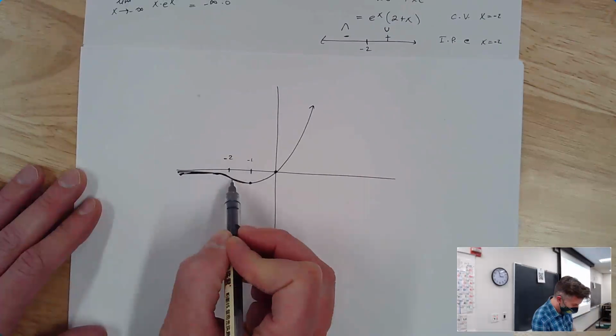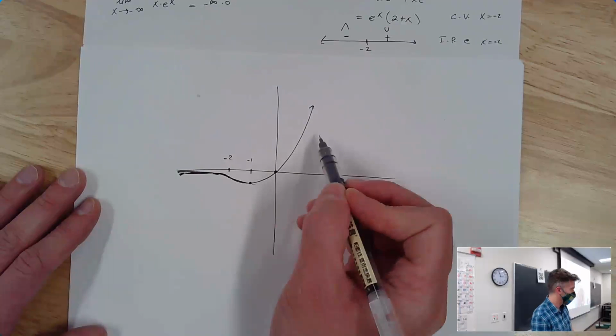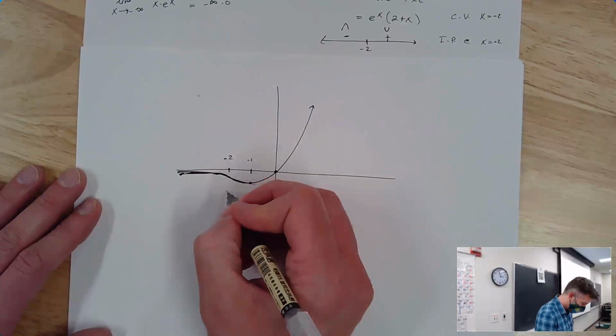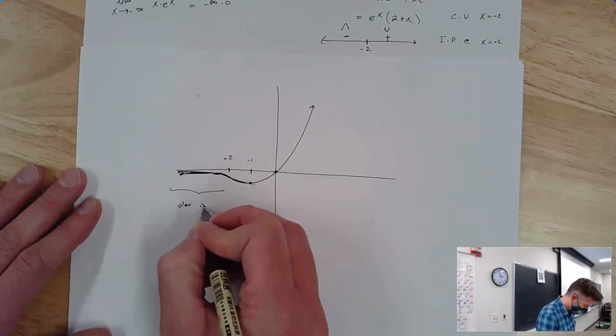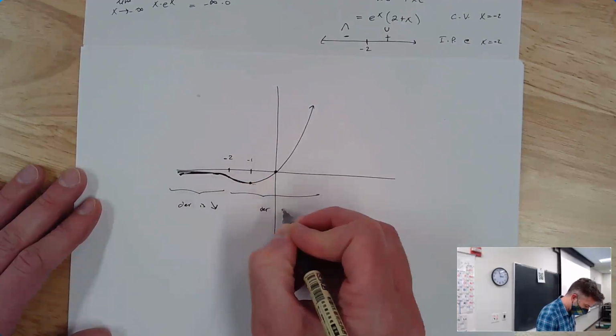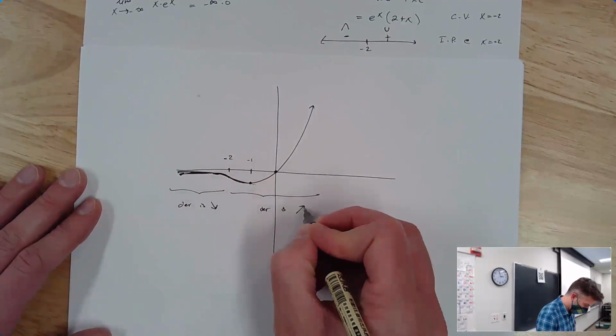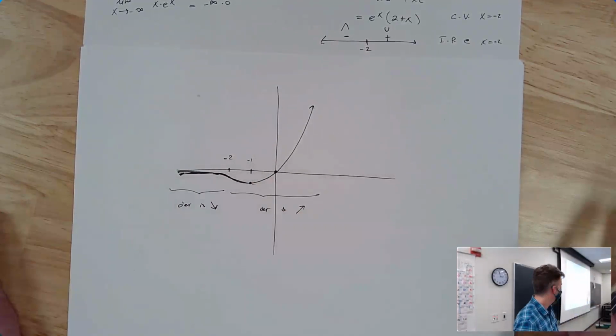And then right here, the derivative is as negative as it can be and starts being less negative, 0, positive, positive, positive. So over here, the derivative is decreasing, and over here, the derivative is increasing, which means it's concave down, concave up.